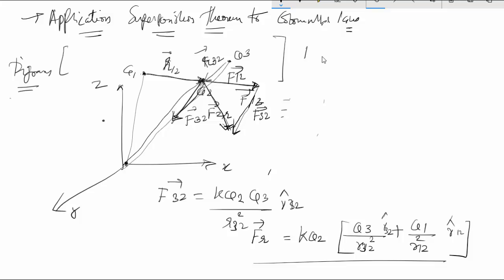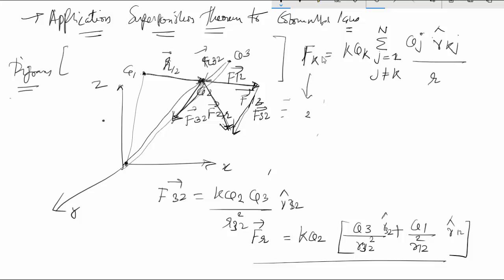Suppose you are finding the force on K, and then it can be generalized as KQK, summation of J equal to 1 to N, Q of J, where J is not equal to K, and the vector will always be from RKJ.